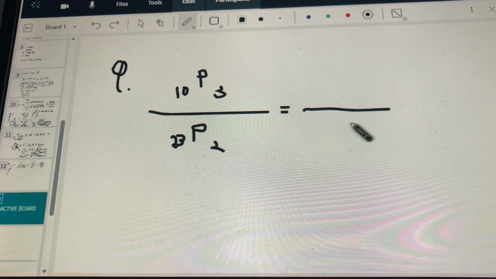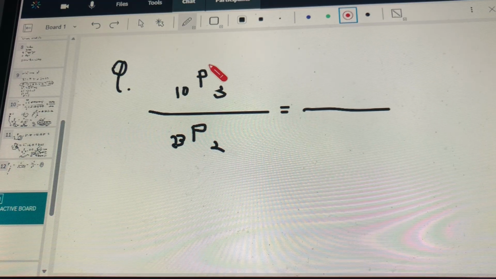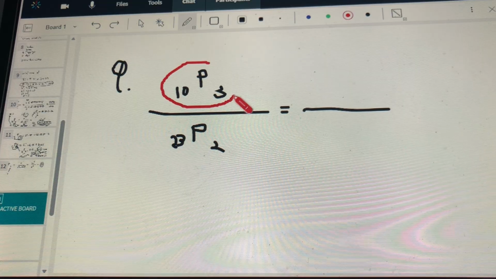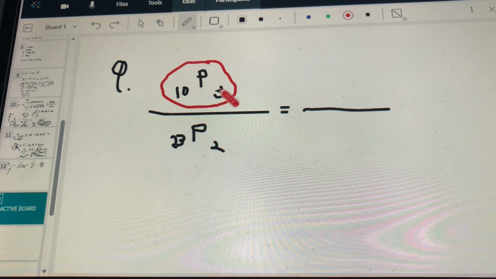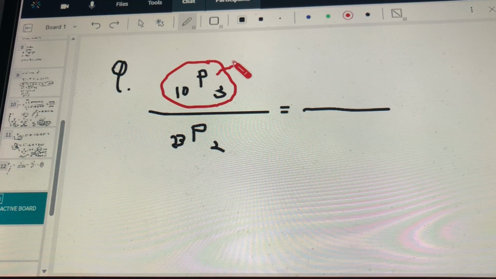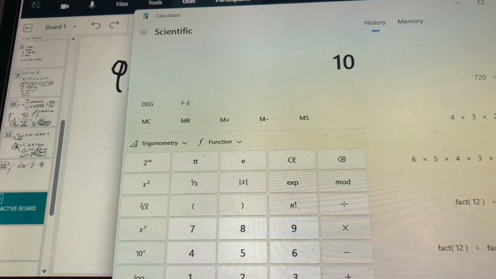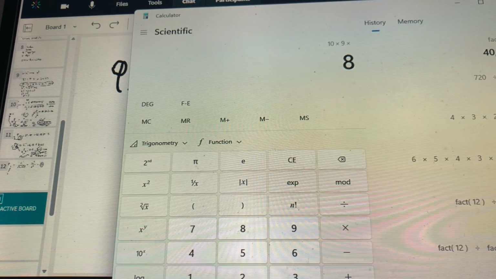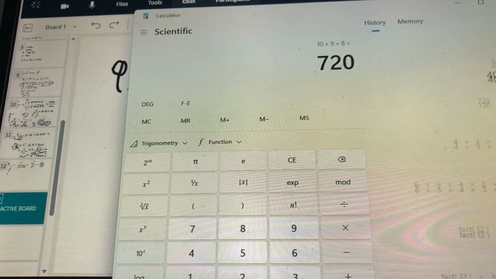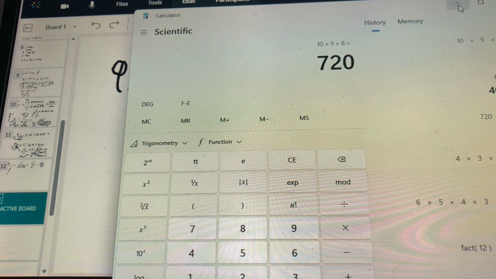So I'm just going to calculate both of these, and here's the shortcut in each one. This is what I would do if I was doing the problem. 10 permutation 3 is literally 10 times 9 times 8, stop after you have 3 numbers. That's the easiest way to do it. I don't need a formula either. 10 times 9 times 8 is 720.